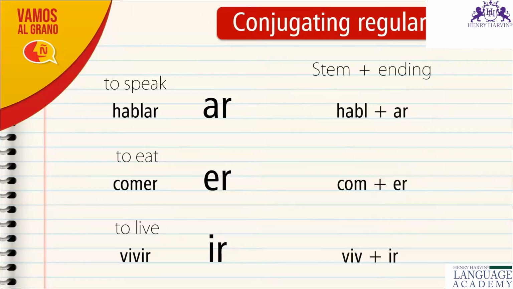So, if we want to conjugate the verb, that is, to assign a form for each subject pronoun, just like in English when we say I am, you are, he is, she is, etc., the first step is to eliminate the infinitive ending, which we call terminación in Spanish. So we keep the beginning of the verb, which is called the stem.